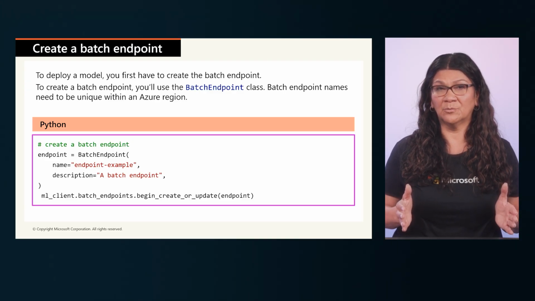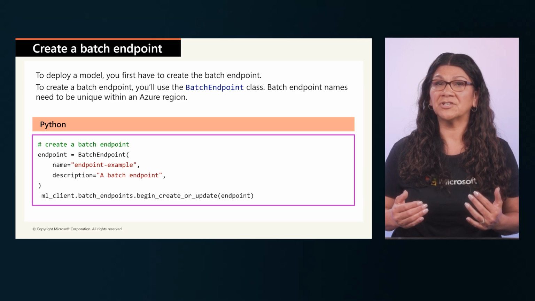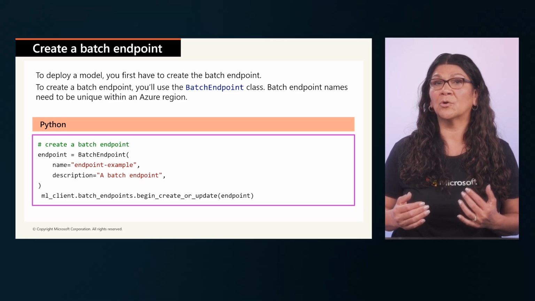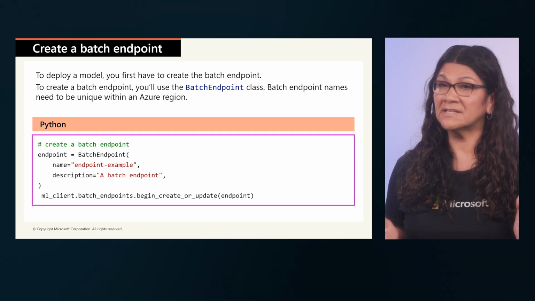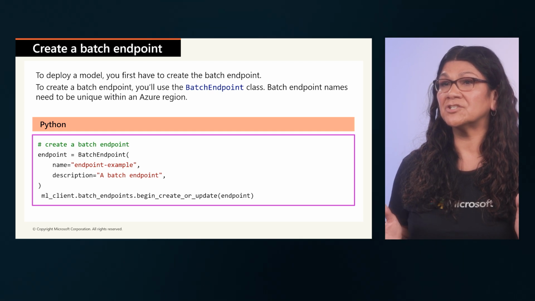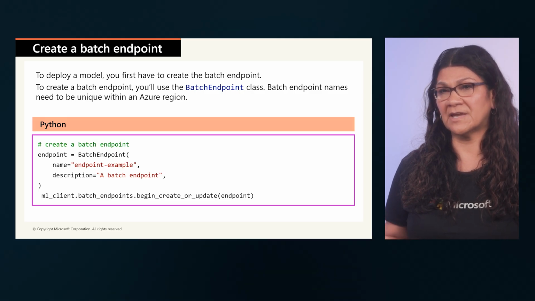Then submit it with the ML client batch endpoint begin create or update function. Once created, the endpoint becomes the gateway for launching batch inference workloads in the workspace.